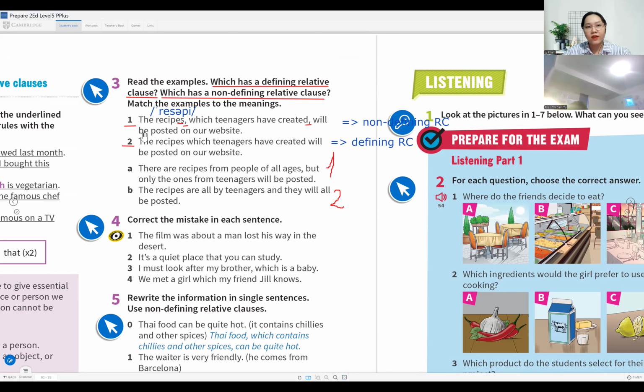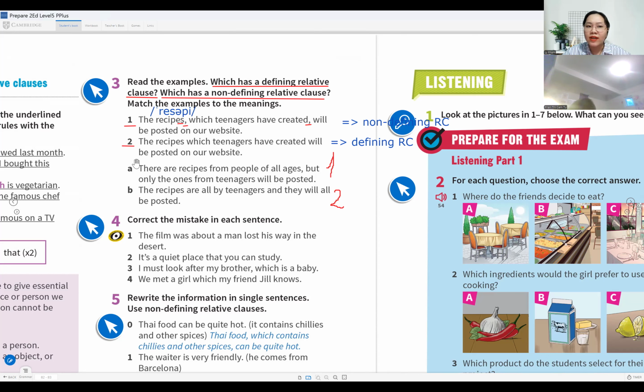Right, I can see 1, A: there are recipes from people of all ages, but only the ones from teenagers will be posted. And then for B, the recipes are all by teenagers, and they will all be posted.